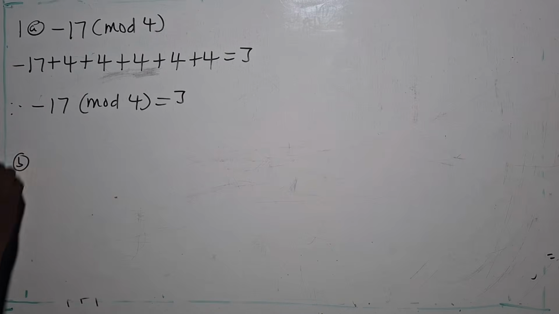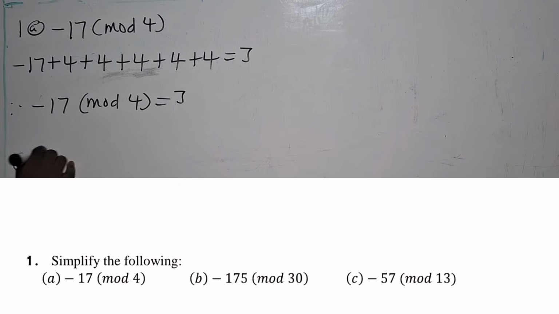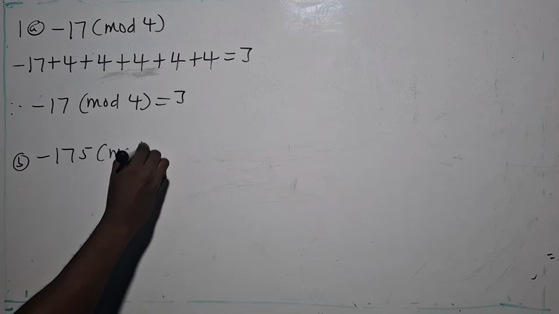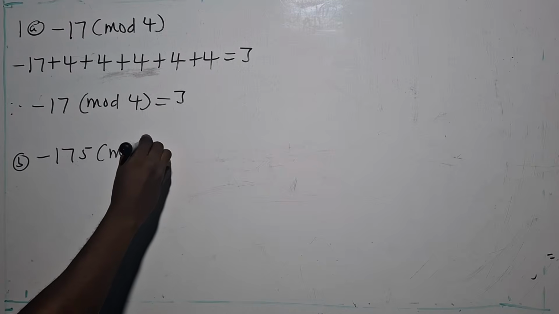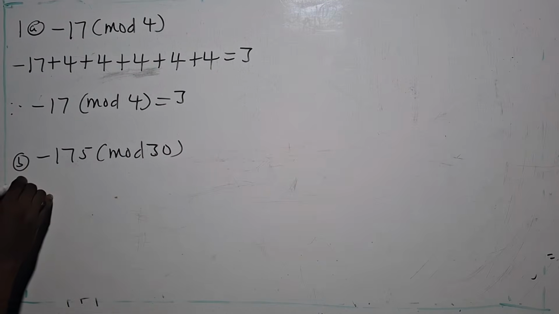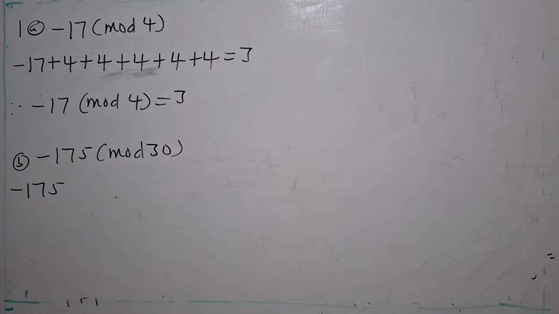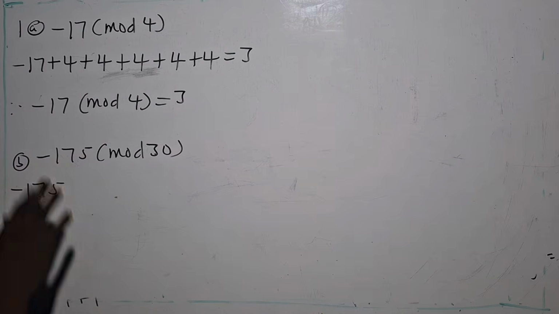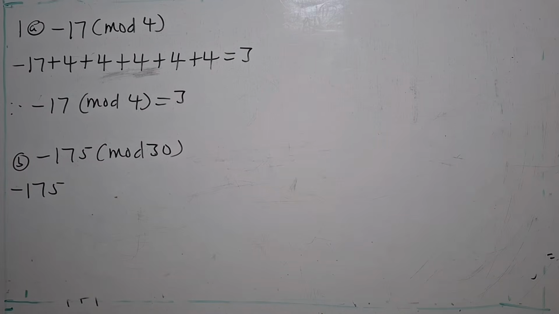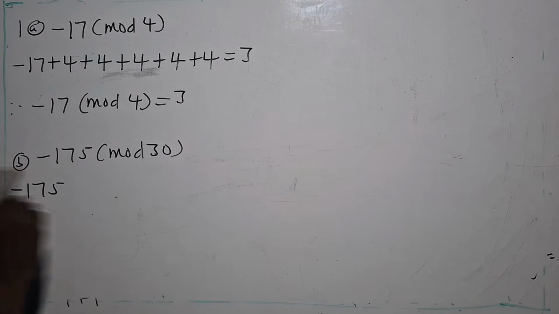For B, we have negative 175 mod 30. So negative 175, we are going to add 30. How many 30s can we add to get a positive number? 30 times 6 gives us 180. When you add 180 to negative 175, we get positive 5.